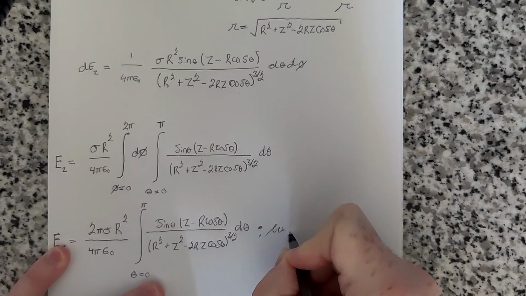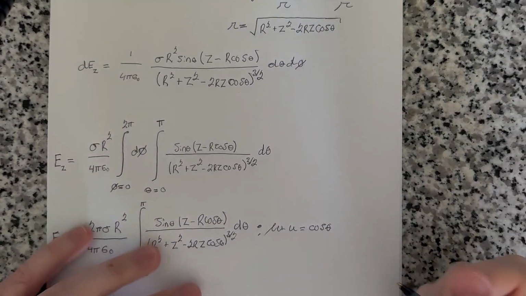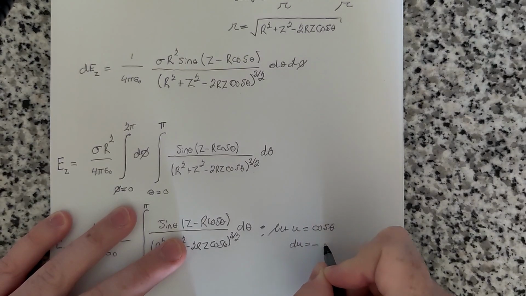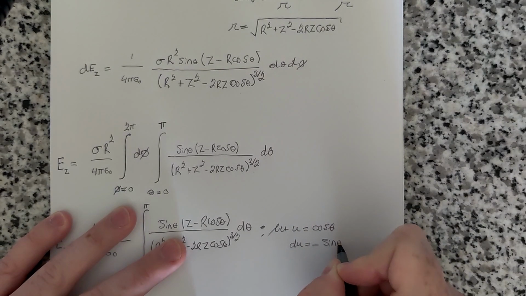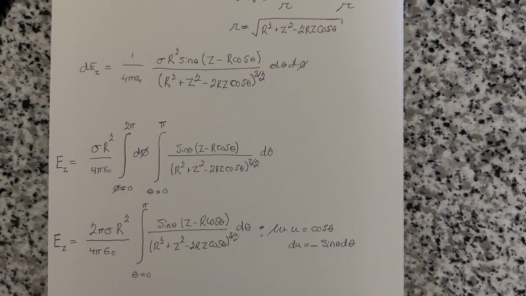So let u equal cosine of theta. Then du with respect to theta is minus sine of theta d theta.